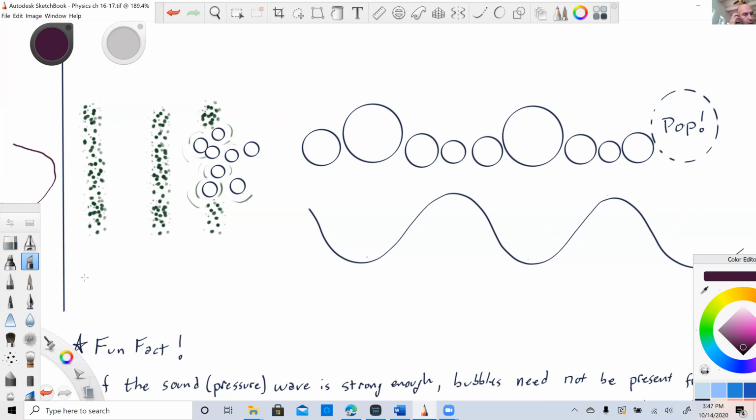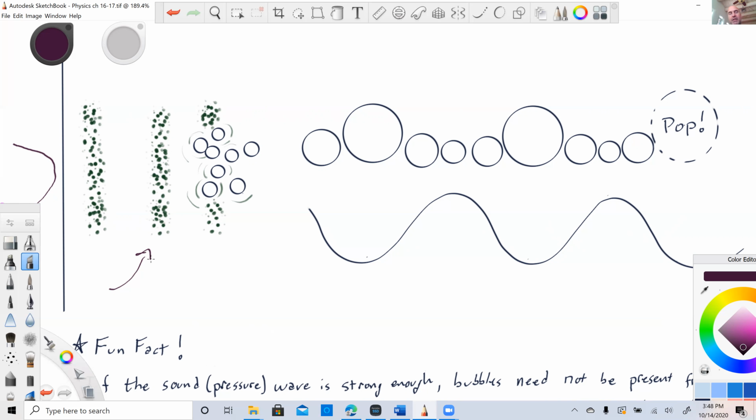Okay. So as we know, this is truly what a sound wave more or less looks like. The compressions are dense areas, the rarefactions are pulled apart and they're less dense. So if I have these waves of compressions coming down and hitting a bunch of microbubbles, you can imagine they're going to vibrate.